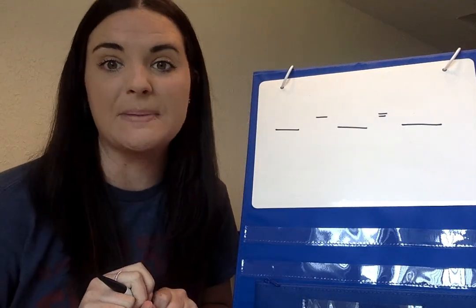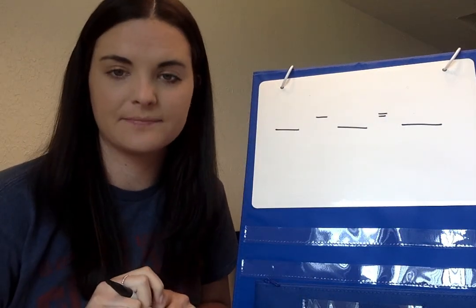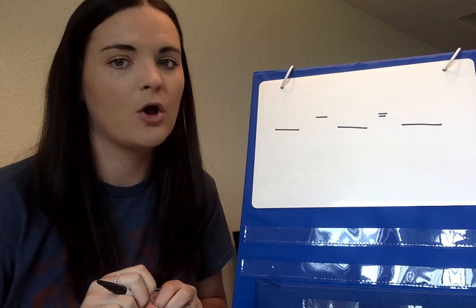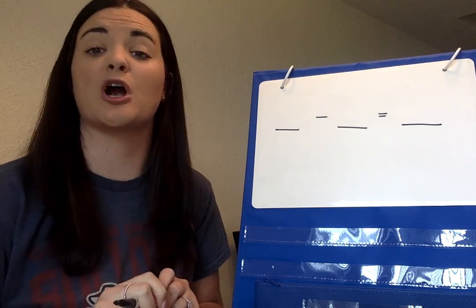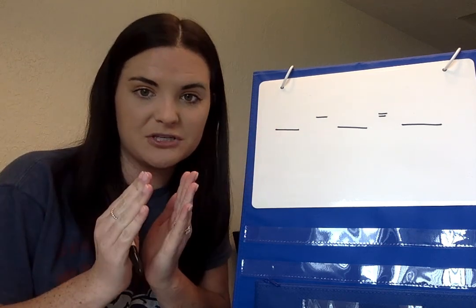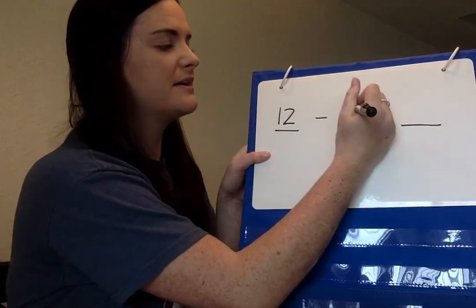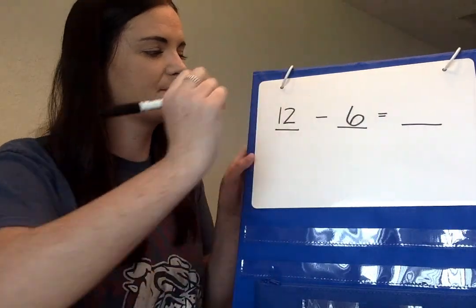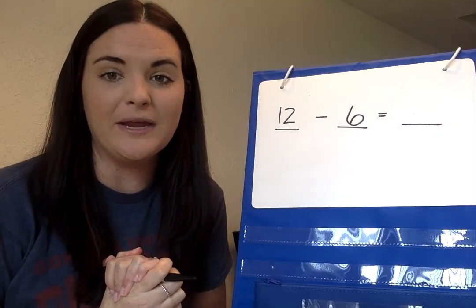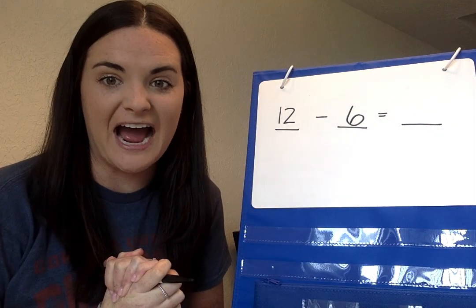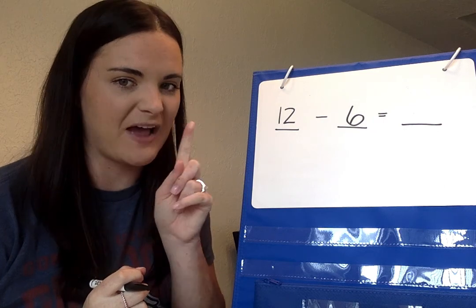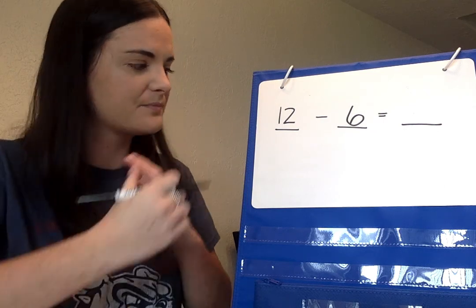Which number is the biggest, 12 or 6? 12. Remember, in subtraction, we have to start with the bigger number and get down to the smaller number. 12 minus 6. Now remember, we have been working on related facts, and I know a doubles fact that could help us solve this.